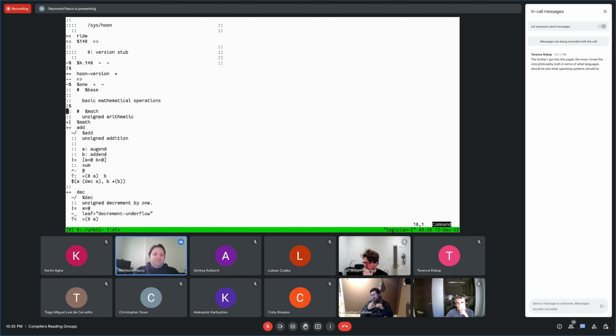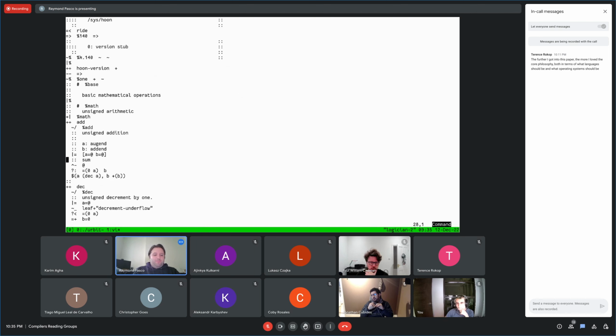This is the Hoon language compiler. I just want to point out that the definition of addition is actually this loop where it just decrements something, and decrement is already O of n if you execute it naively. Then it increments the other operand and does it until the first operand is 0.